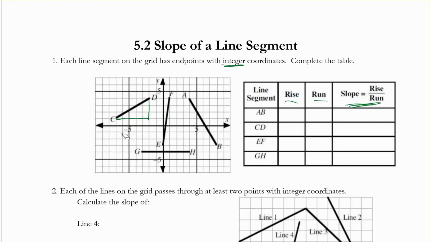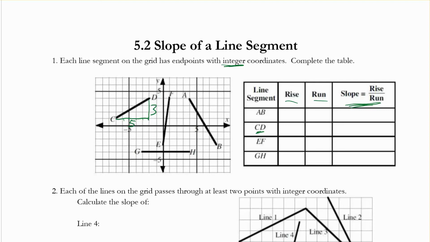So in this case, if we can count the blocks, that's going to be the easiest. So I can say the rise of this thing, of CD, I'm doing CD first, sorry, is going to be 3. So 3 up and down, so that's my rise. My run is going to be 1, 2, 3, 4, 5.